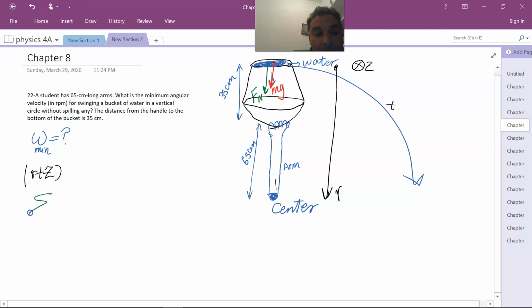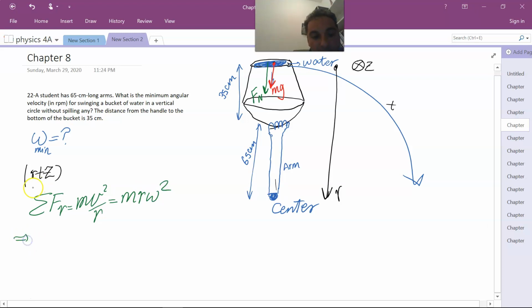Therefore, if I apply sigma F on the r-axis equal to m v squared over r, or m r omega square, what is the minimum angular velocity? Yes, in rpm.